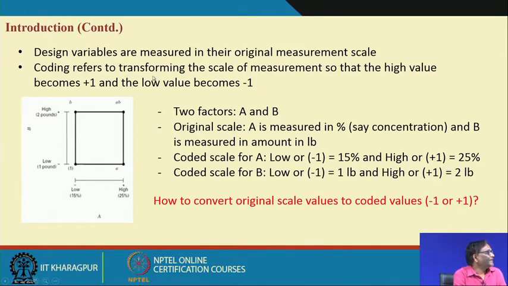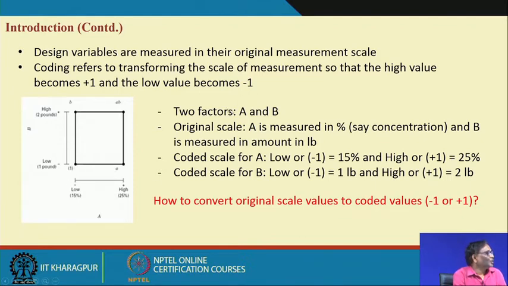So, now coding refers to transforming the scale of measurement so that the high value becomes plus 1 and low value becomes minus 1. I have shown you that high is plus 1, low is minus 1. So, the transformation is basically how the 25% will be transformed to plus 1, 15% will be transformed to minus 1, and similarly here 1 pound will be transformed to minus 1 and 2 pound will be transformed to plus 1.